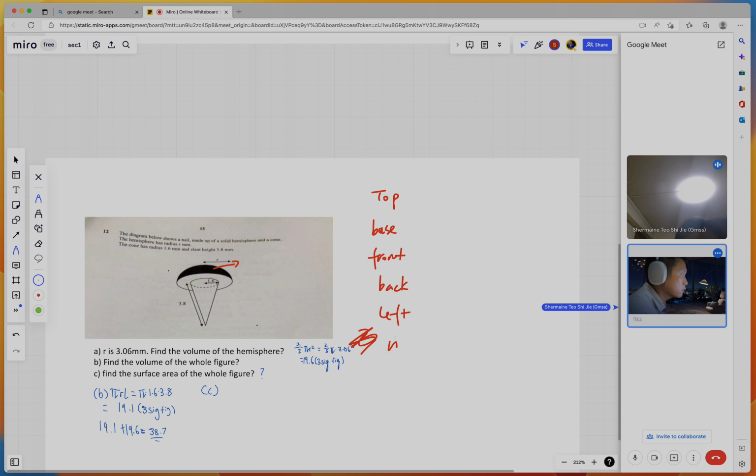So what do you consider this black one? Which one do you consider it? Oh, top. Then you say no top. So this top is what shape?